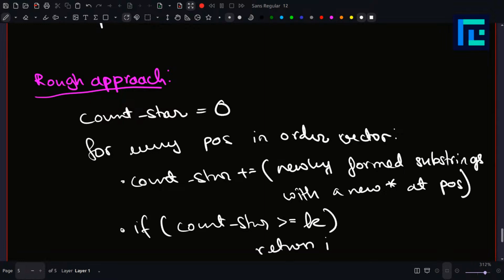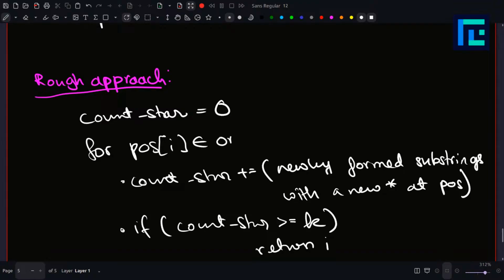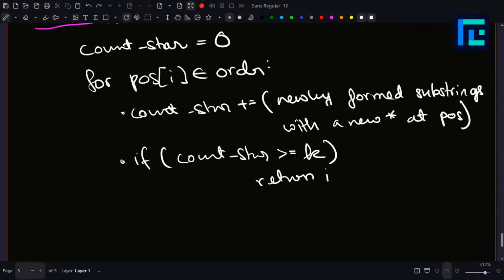So we're doing this for pos of i in the vector order, the ith position we are checking right now. If at the ith position the number of star substrings becomes greater than or equal to k, then at this time it has become greater than or equal to k, so we can return i. Otherwise, we will return -1.